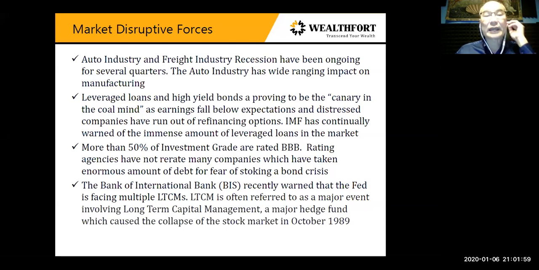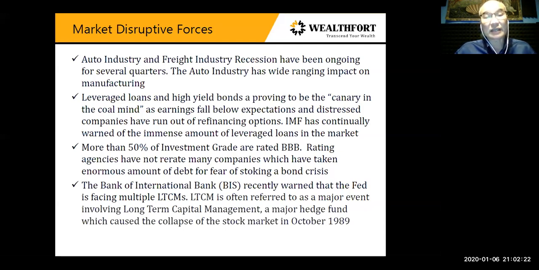Now, even the Bank for International Settlements recently warned that the Fed is facing multiple LTCMs. LTCM is often referred to as a major event involving Long-Term Capital Management, a major hedge fund which caused the collapse of the stock market in 1998.